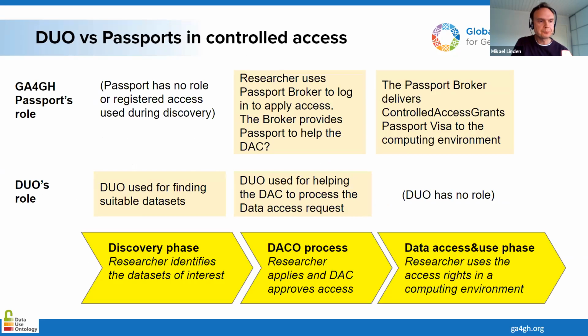Next slide. So I was asked what the relationship is between DUO and the passport specification. And to frame this question, I drew this diagram. In the row below, you can see the yellow arrows, which split the process into three phases.